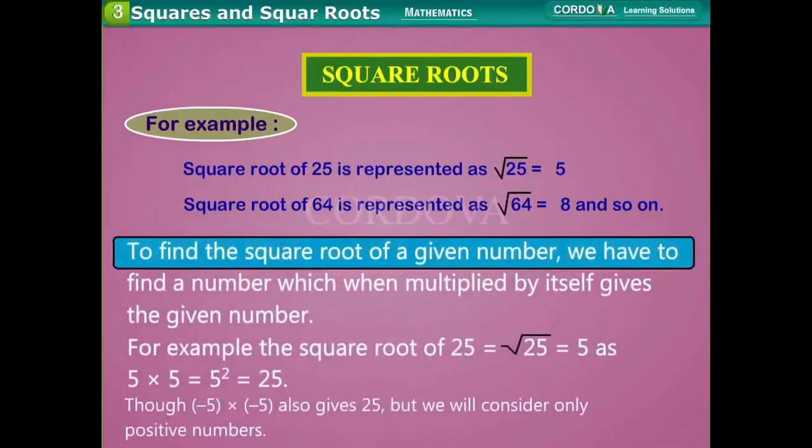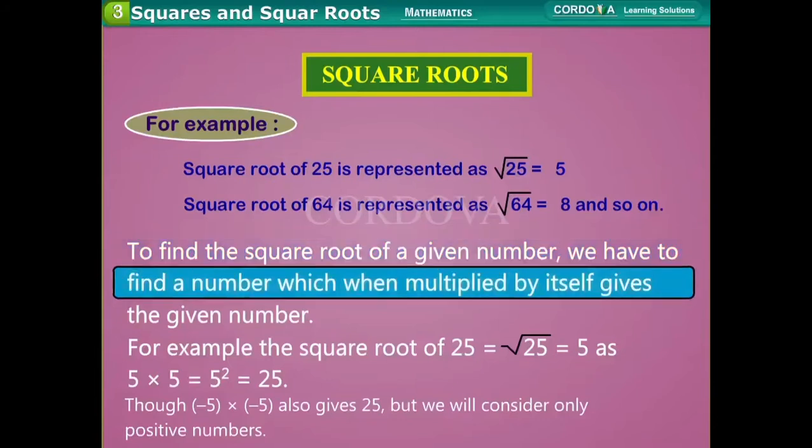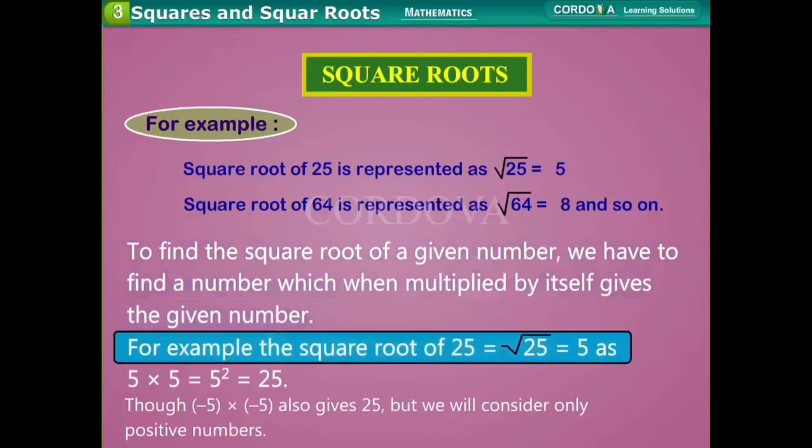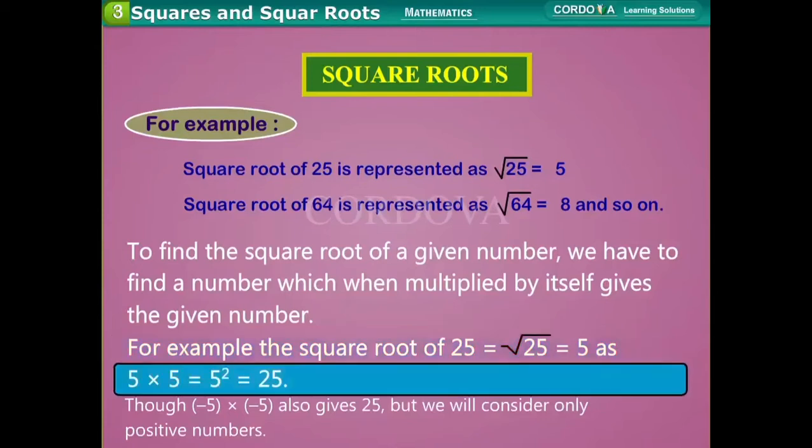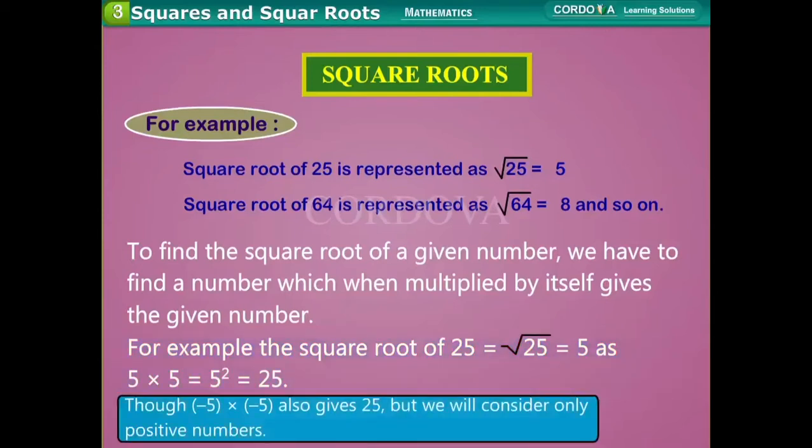To find the square root of a given number, we have to find a number which, when multiplied by itself, gives the given number. For example, the square root of 25 is equal to 5, as 5 into 5 is equal to 5 square, which is equal to 25. Though minus 5 into minus 5 also gives 25, we will consider only positive numbers.